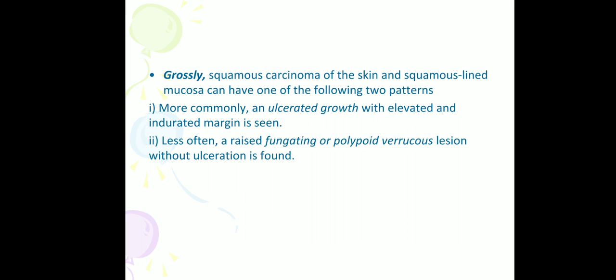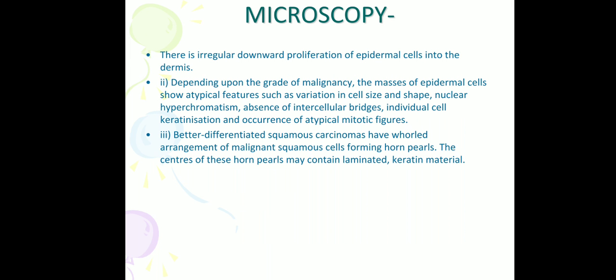Grossly, squamous cell carcinoma of the skin and squamous-lined mucosa can have one of the following features. More commonly, an ulcerated growth with elevated indurated margin is seen. Less often, a raised, fungating or polypoidal verrucous lesion without ulceration is found. Microscopically, there is irregular downward proliferation of the epidermal cells into the dermis.